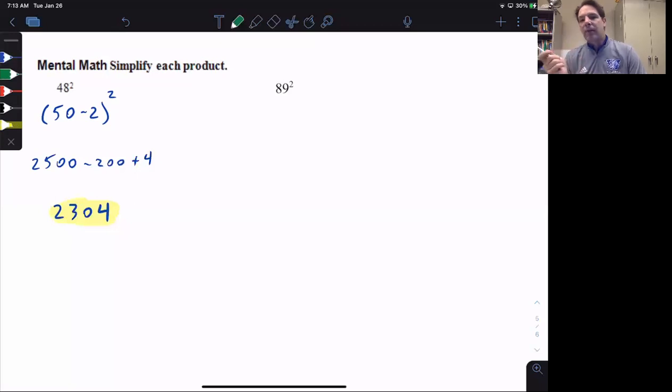So for 89 squared, we would do 90 minus 1, right? So here's what it would look like in your head. You would be solving for 90 minus 1 squared, right? 90 squared is just 9 squared with 2 zeros, so 8,100. 90 times negative 1 is negative 90. We have to double that, right?